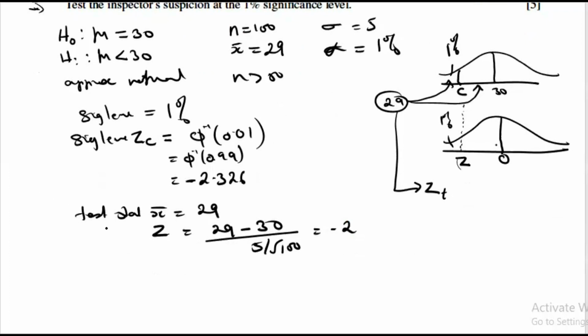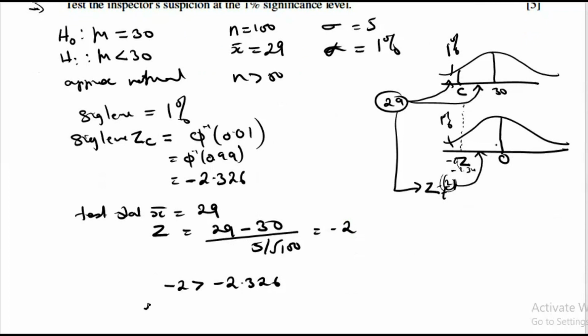So we can see that minus 2 is greater than minus 2.326. That means we found this to be minus 2, and this is minus 2.326. So where is this going to fall? It's going to fall in the acceptance region.